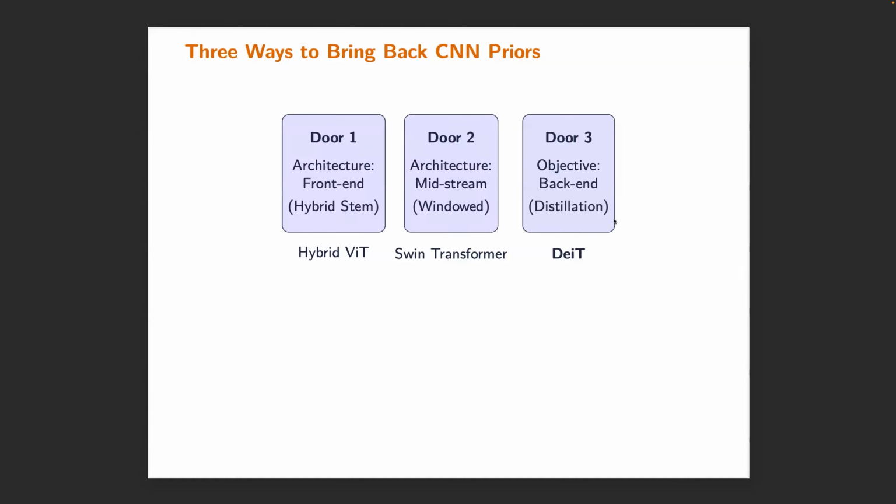So it's a combination of these two, which somehow implicitly brings the CNN into the equation. In the other two, we really bring the CNN idea explicitly into the equation. For example, in this hybrid ViT, we have a CNN at the front of the transformer. But in the third one, we let a CNN guide our transformer.